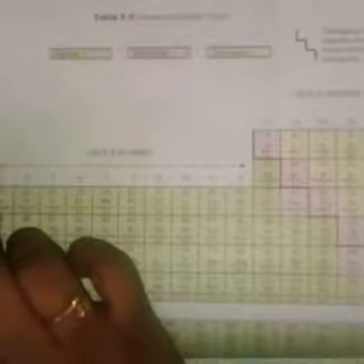First take the first element, hydrogen. You know its atomic number is 1 and it has 1 electron. That electron occupies the first shell. Coming to the second element of the first group, it is lithium. It has atomic number 3.